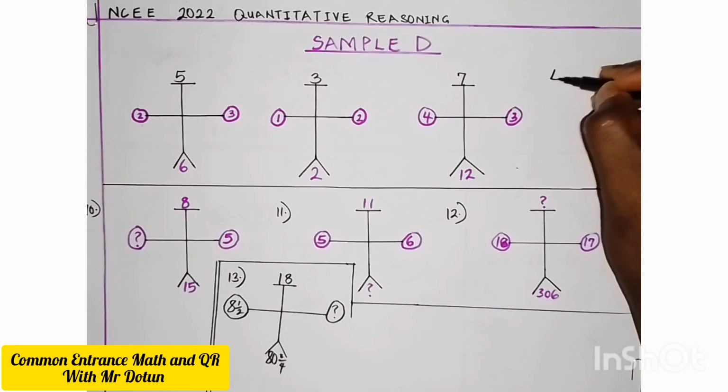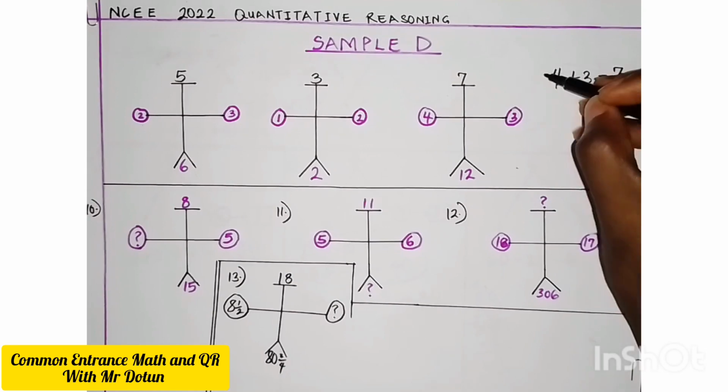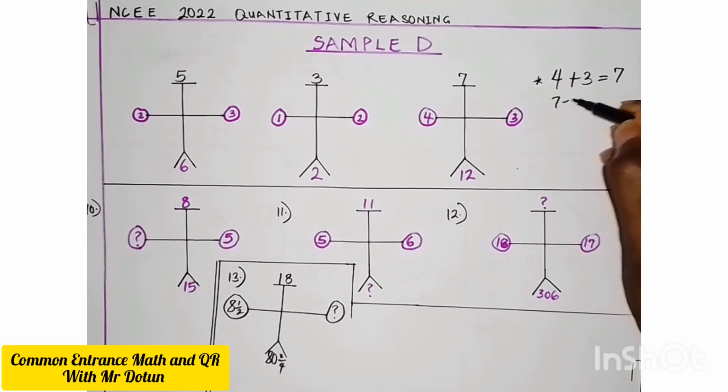So we have 4 plus 3 equals 7, and from this, let's reverse it. Let's say we don't know 3. If you have added 4 and 3 to get 7, and you're looking for 3, then you can easily subtract 4 from 7. So from this, we know that 7 minus 4 will give us 3.